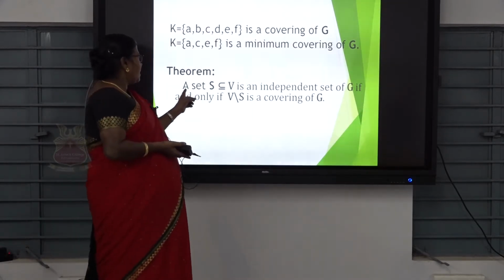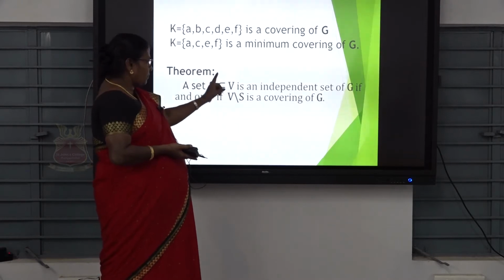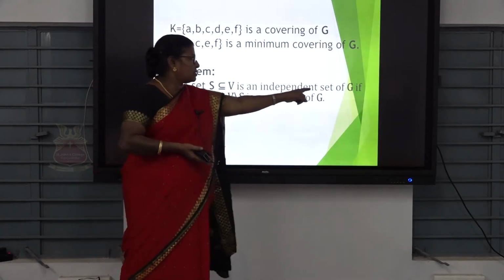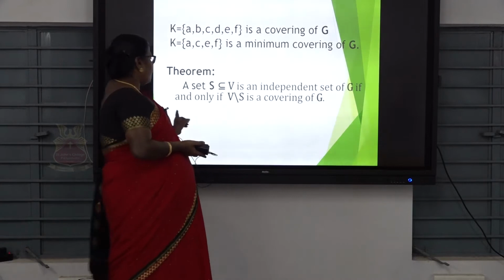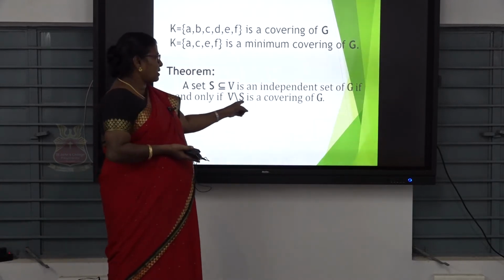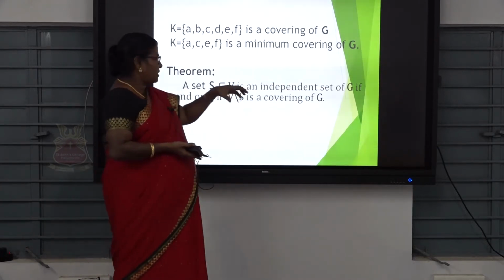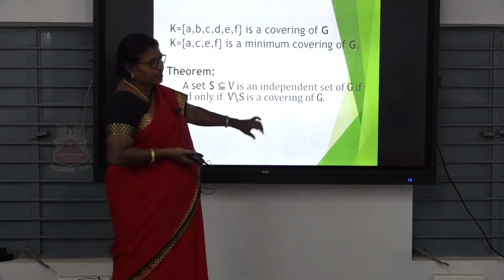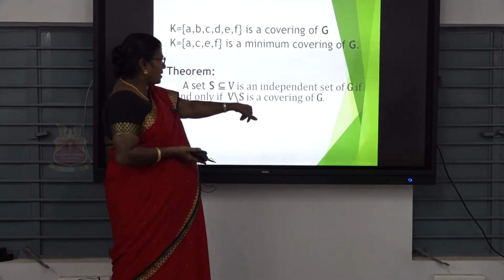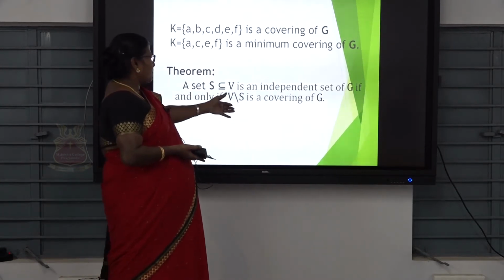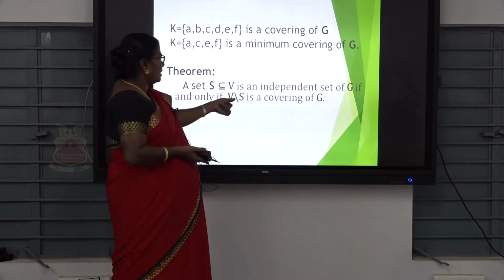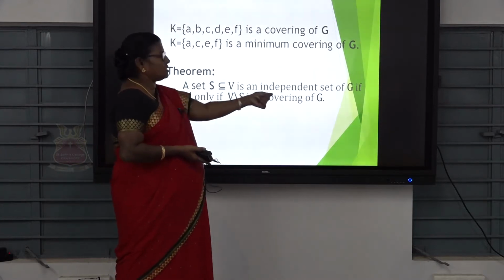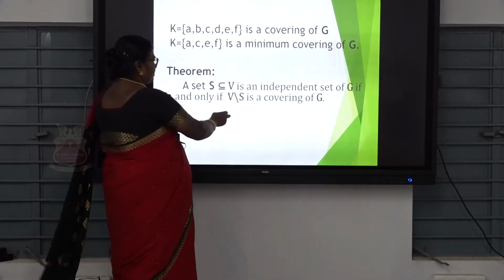A set S subset of V is an independent set of G if and only if V minus S is a covering of G. That means if S is an independent set, then V minus S is a covering. Similarly, vice versa, if S is a covering, then V minus S is an independent set.